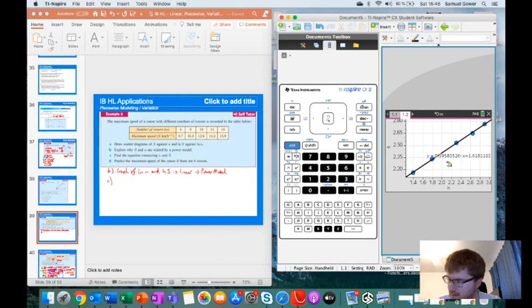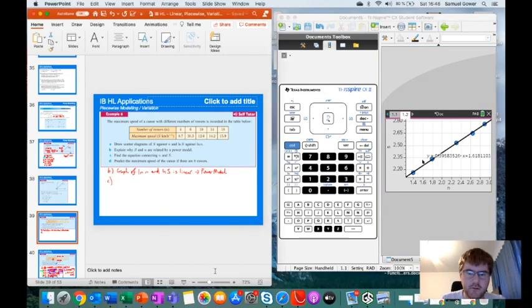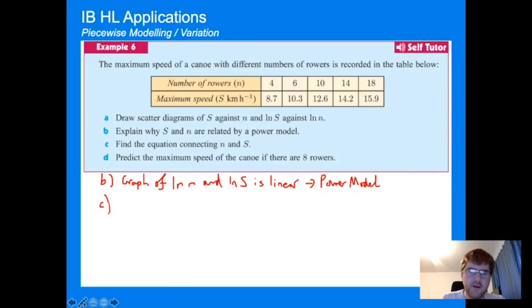So we get y equals, I'm writing this down here, 0.3958. I'm going to take 4 decimal places, x plus 1.6181. So I'm going to write this down on the PowerPoint, and then we're going to put in the natural logs like we did in the previous question.